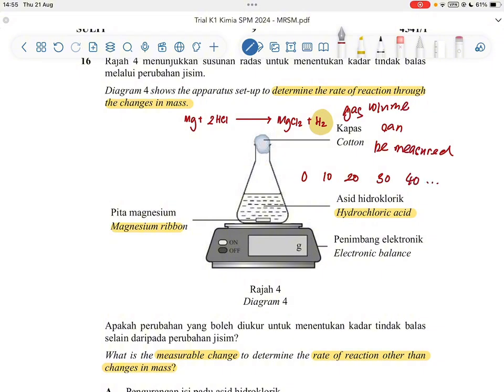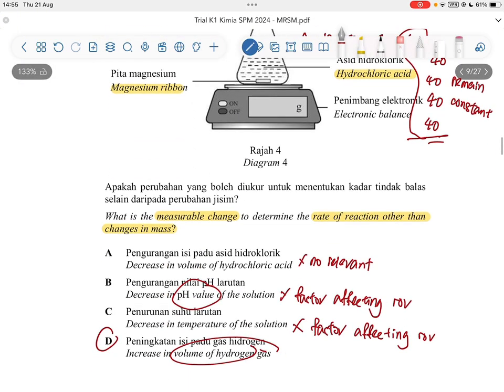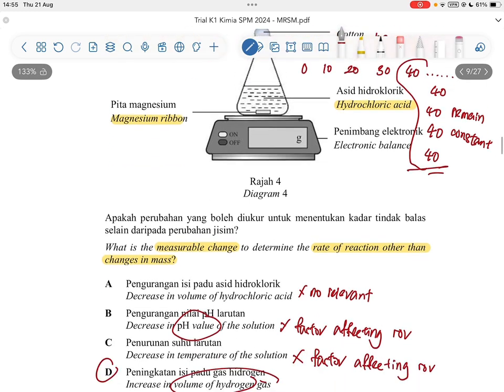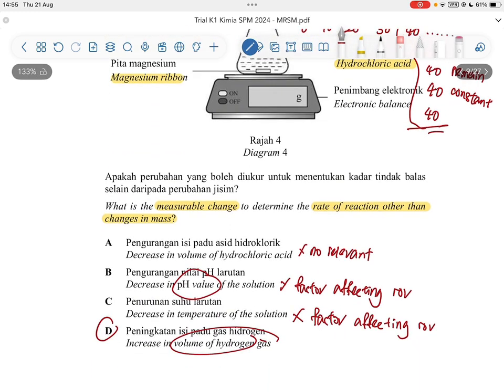Until a certain extent, it will maintain 40, 40. This is just for illustration purposes only. So it means that the reaction has been completed because the reading remains constant. So D will be the answer. We cannot measure the temperature because it doesn't release or absorb any heat energy.